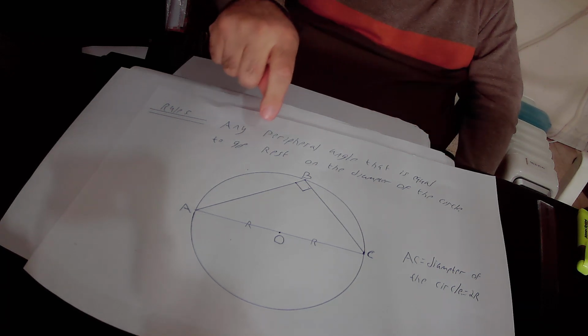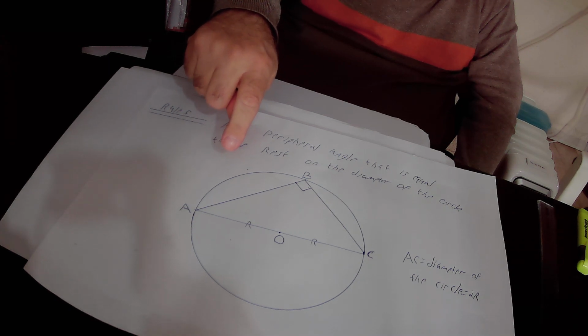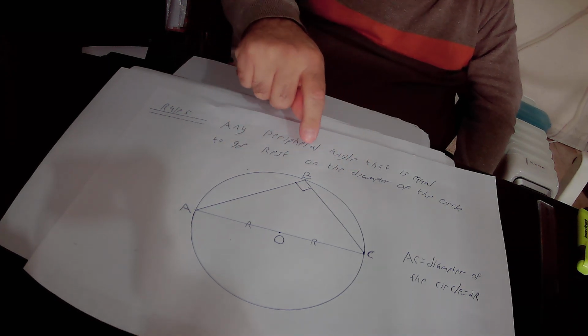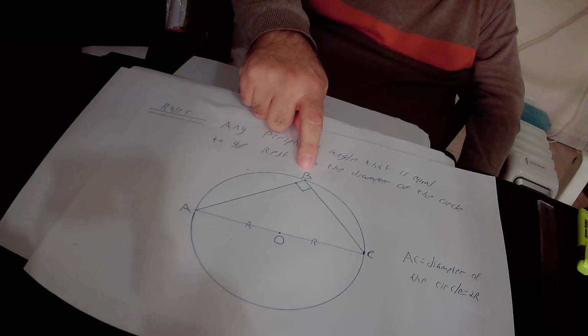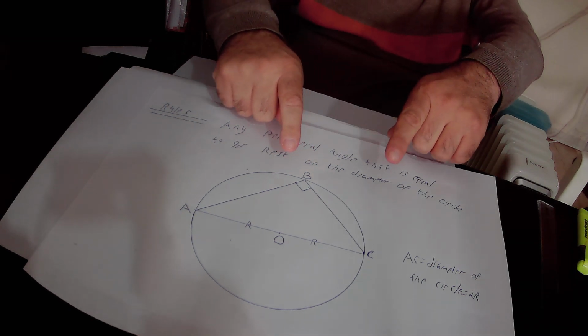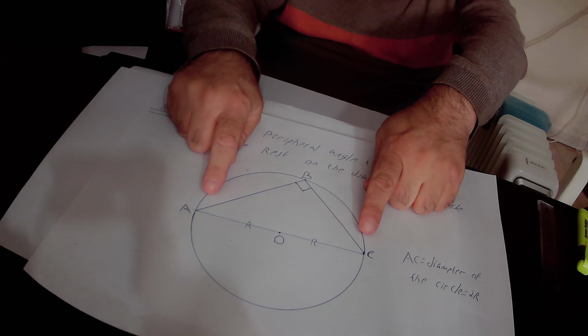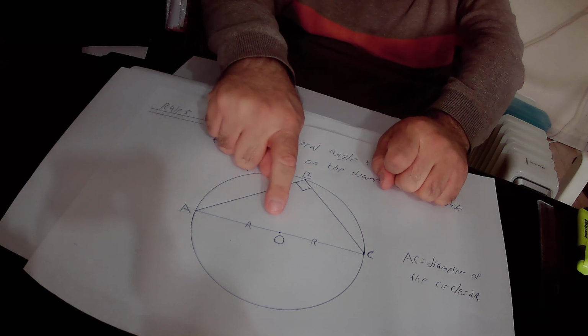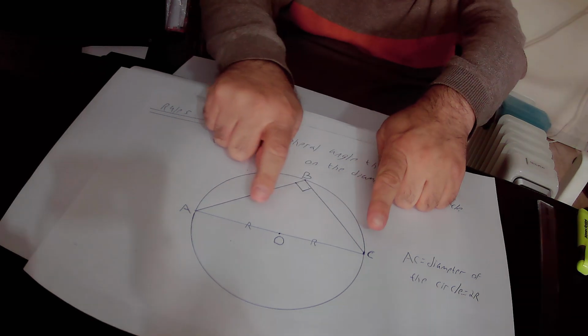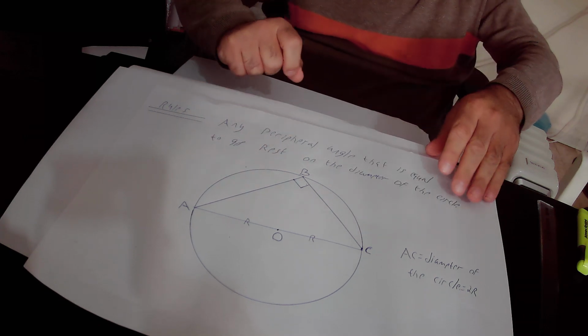Here, this peripheral angle ABC is equal to 90 degrees, therefore it rests on the diameter of the circle, that is to say AC is the diameter of the circle. And the center of the circle is the point O.